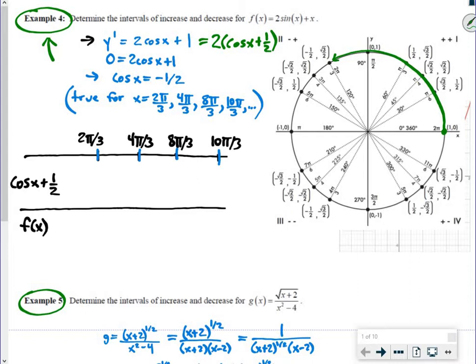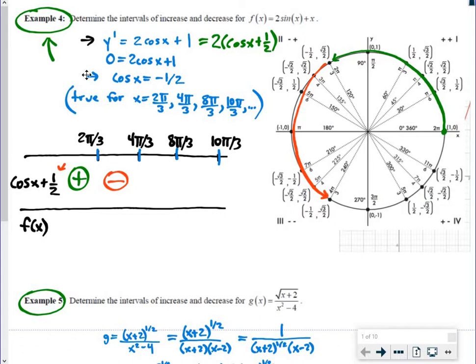So this thing here will turn out to be negative after 2 pi over 3. Okay, so it's positive from 0 to 2 pi over 3, and then it goes negative, and so it'll go negative in this region from 2 pi over 3 to 4 pi over 3.